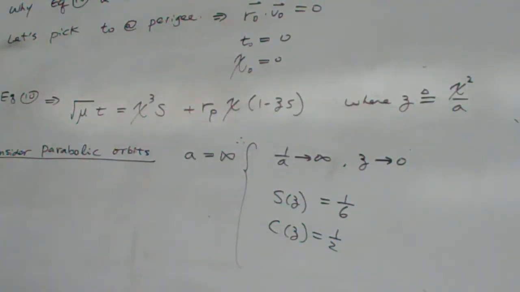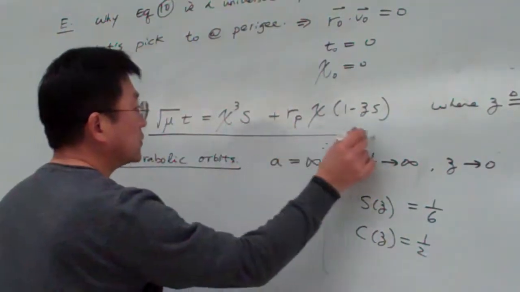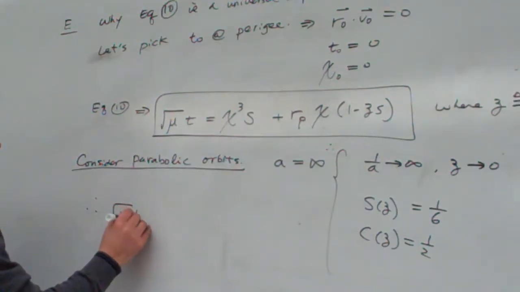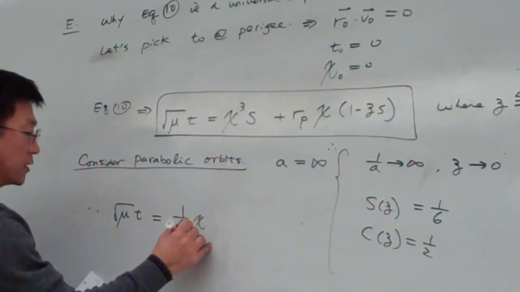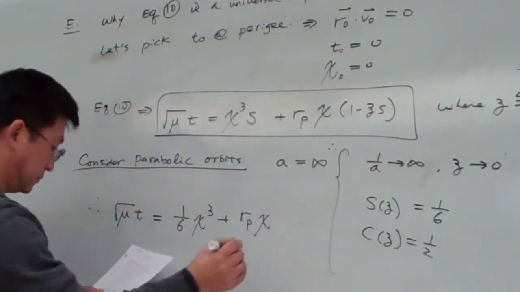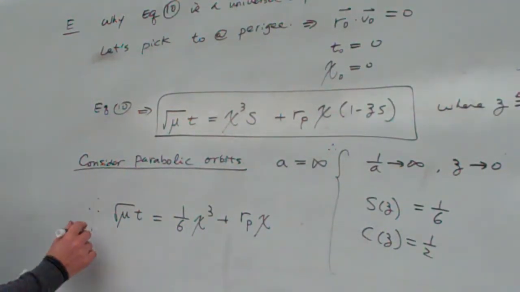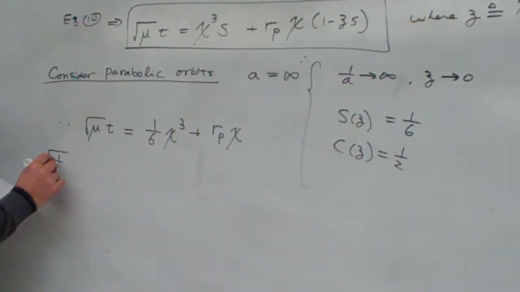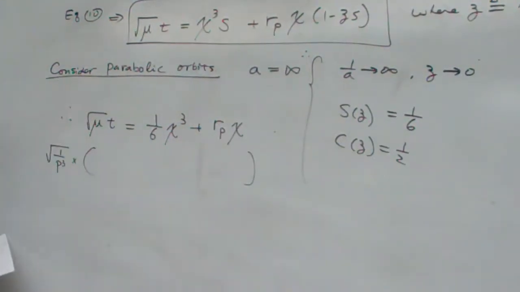So from here, these equations: mu t will be equal to 1/6 x^3 plus rp times x. Furthermore, we multiply by 1/p cubed on both sides of these equations.